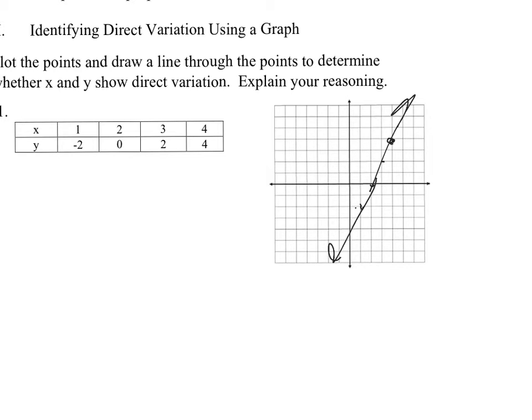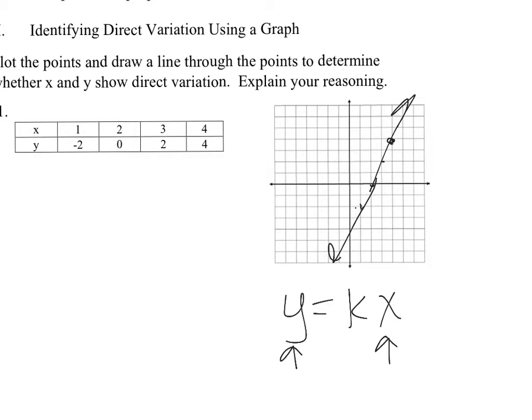What direct variation really means is if you have an equation written y equals, and we call it k for the constant of proportionality, it's also your slope, y equals kx. It means that whatever I put in for x directs y, or affects y directly.